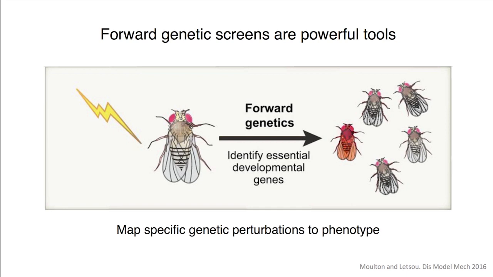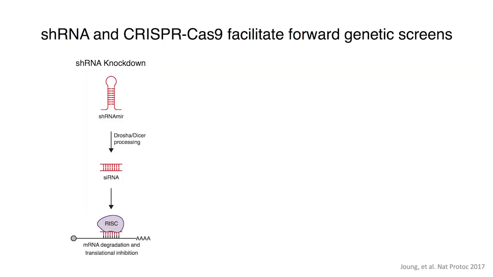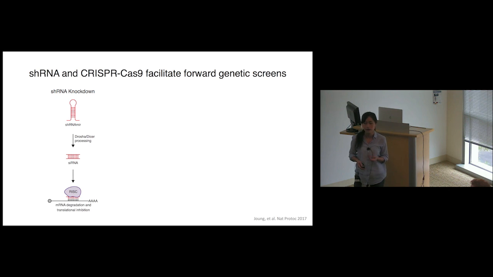But more recently, the development of shRNA screening has made this process a lot easier. shRNAs rely on the endogenous RNAi machinery to knock down base pair complementary mRNAs. So in a large pooled screening fashion, the gene that was targeted originally can be readily identified by sequencing the shRNA.